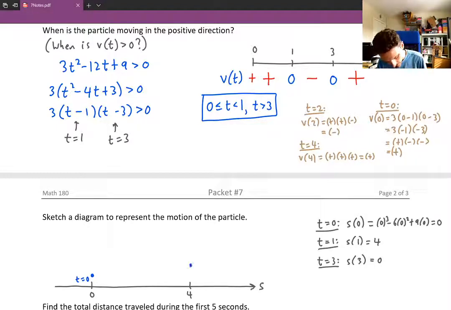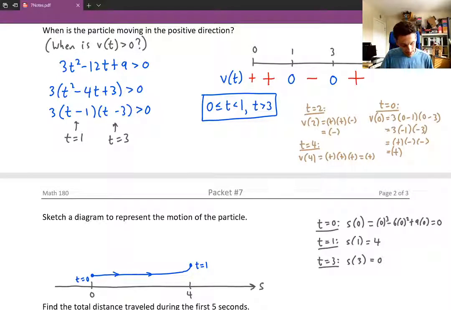So we'll put the dot right here that represents the position of the particle at t equals 1. And I'm going to draw the motion there like this. So t equals 0 to t equals 1 looks something like this. And I'll draw arrows to represent that the particle is moving to the right over that time interval.